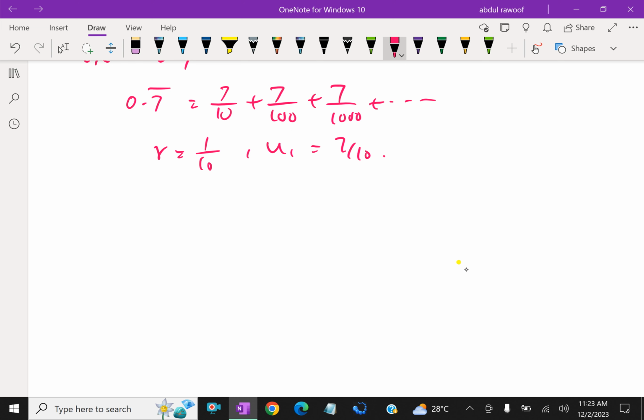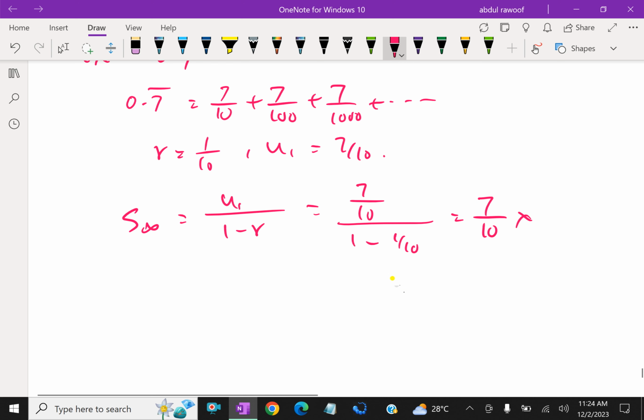We know that S infinity, the sum of infinity terms, is u1 over 1 minus r, which is 7 over 10 divided by 1 minus 1 over 10. 1 minus 1 over 10 is 9 over 10, so we multiply by 10 over 9.